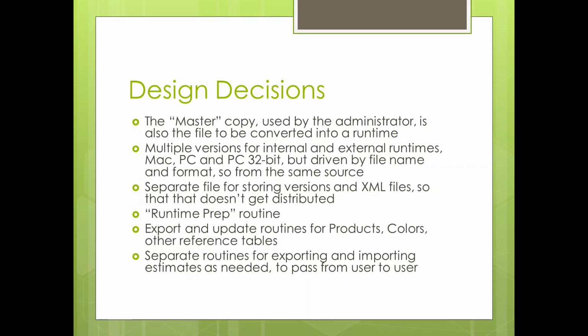We also decided to create a separate file for storing versions and the XML files that go with those versions. That's a one-to-many. There's a table of versions, and for each version, there are multiple records in the files table. And we decided to put that in a separate file so that it doesn't end up getting compiled in the runtime and distributed, just because that file would get large.